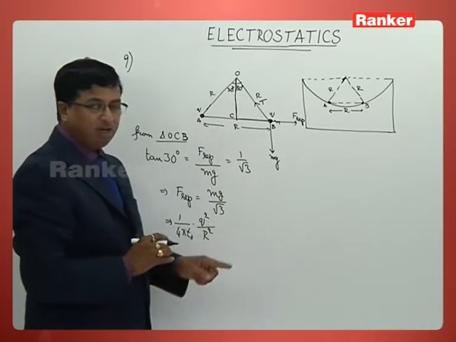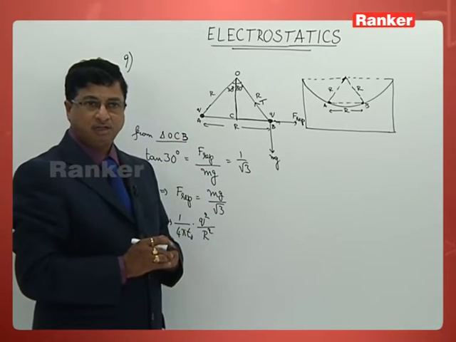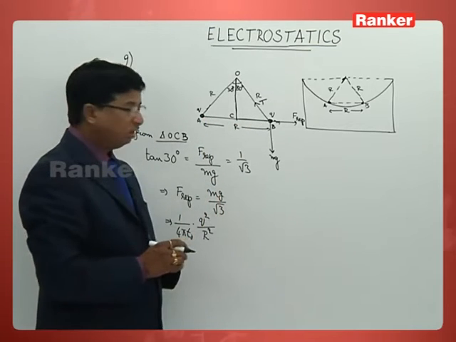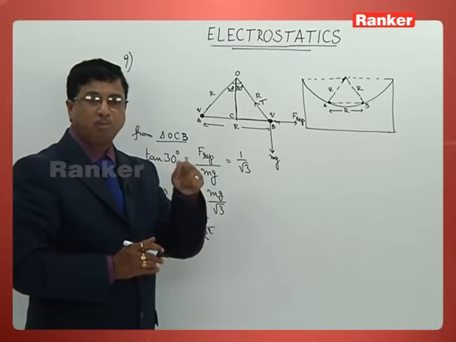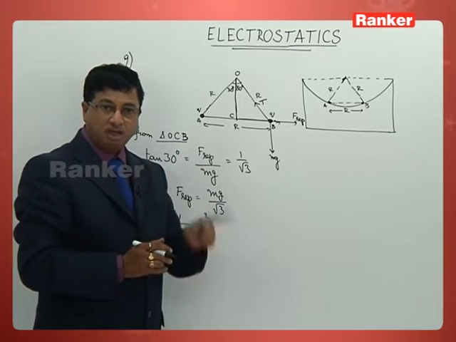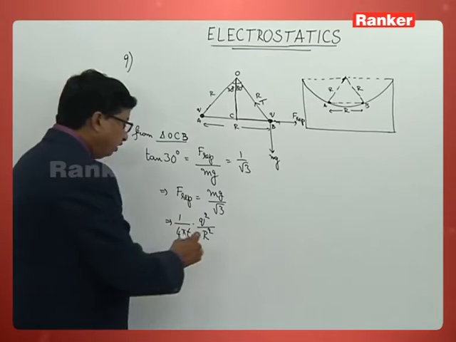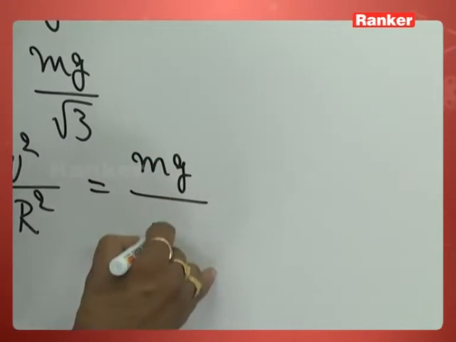Since both the beads have the same charge Q each, the product of those charges will be Q square. And separation distance between them is already given in the problem, that is capital R. So I now can write Q square by R square. This is equal to mg by root 3.